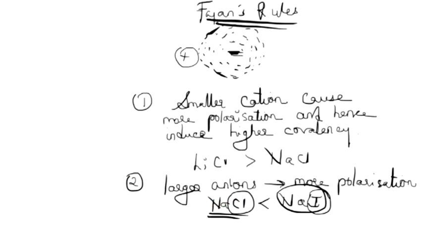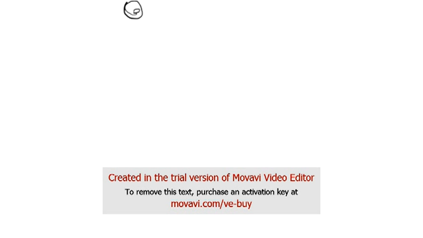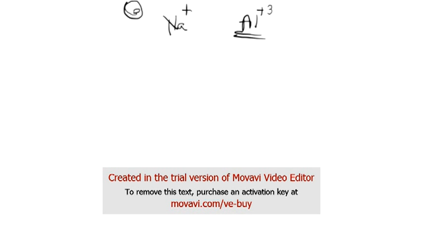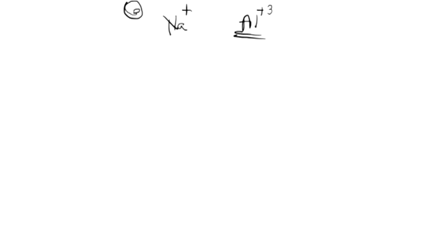The third point is about the charge. Cations having higher charges can induce more polarization. That's but obvious. If you have two cations like Na+ and Al3+, on one side Al3+ would be smaller, and on the other side, because of the +3 charge, it would have a much higher charge density than Na, and therefore Al3+ would be able to cause more polarization of the anion than Na+.